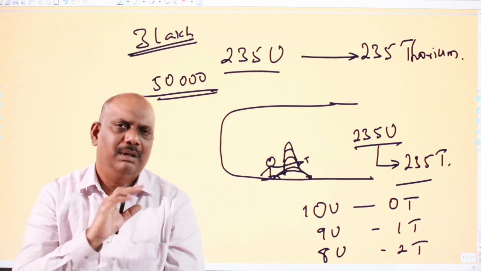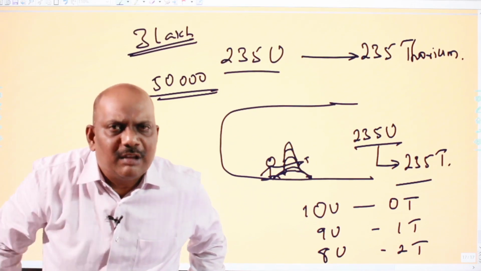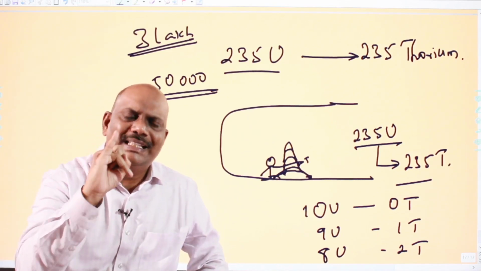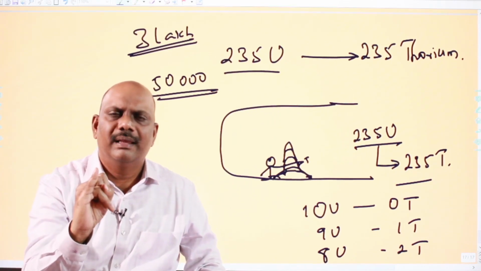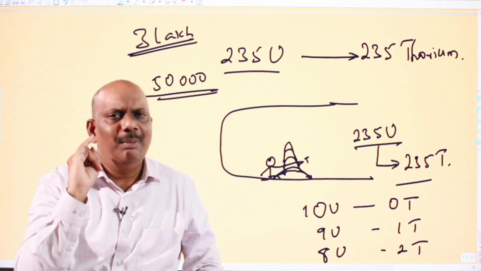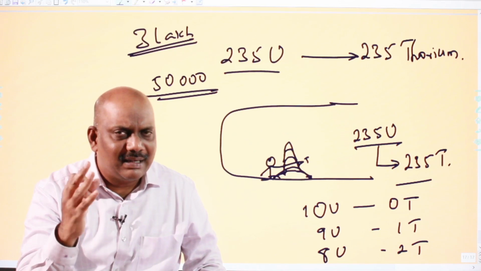I'm not going to complicate things. See, guys, make yourself comfortable with any two techniques. For example, radiocarbon dating is very, very easy. Thermoluminescence dating is also very easy. Paleomagnetic dating is very easy.